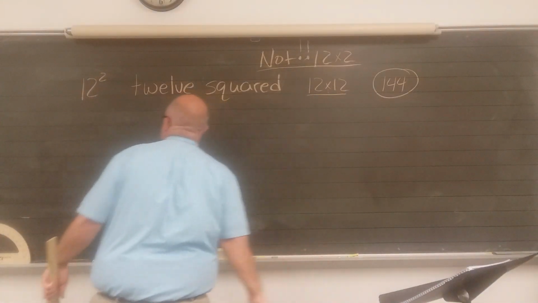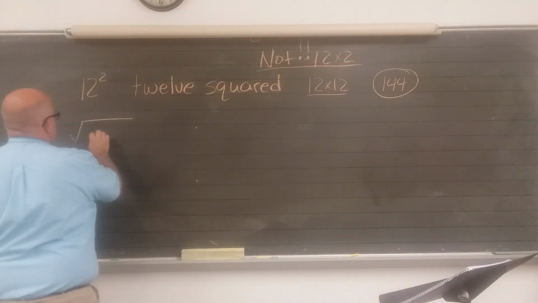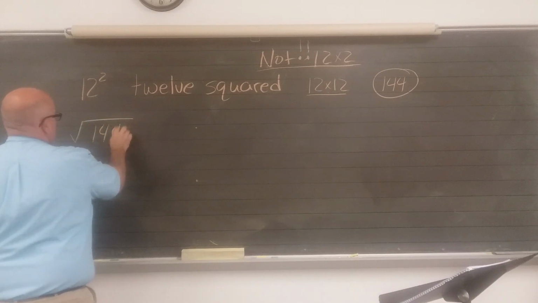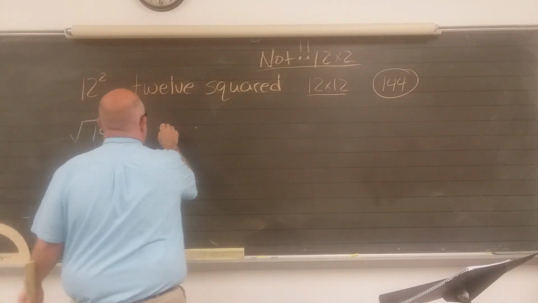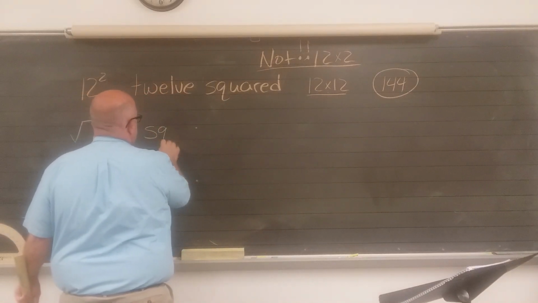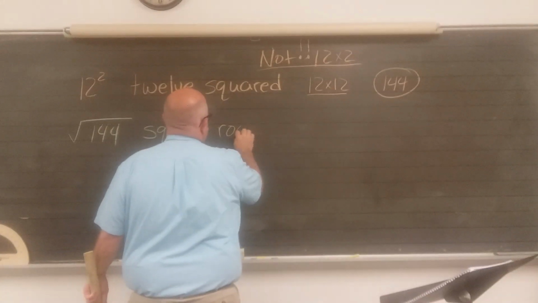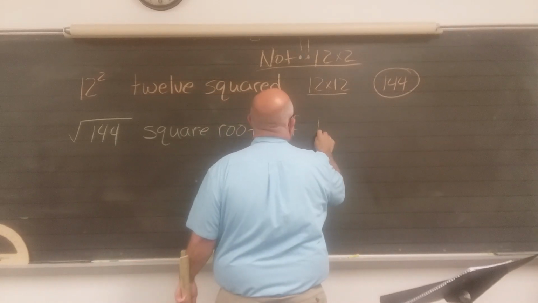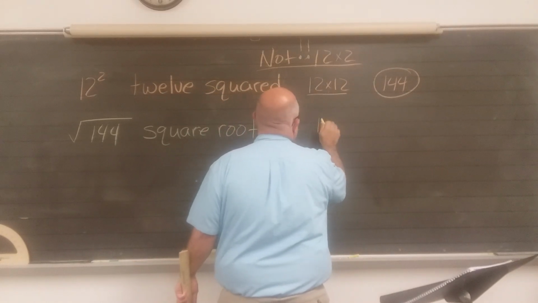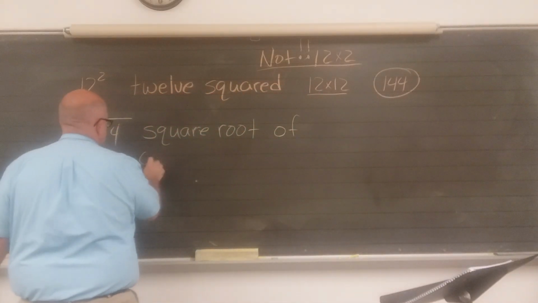All right? How about if you have this then? That means square root. That symbol means square root of, write it out just like I did there, of 144.